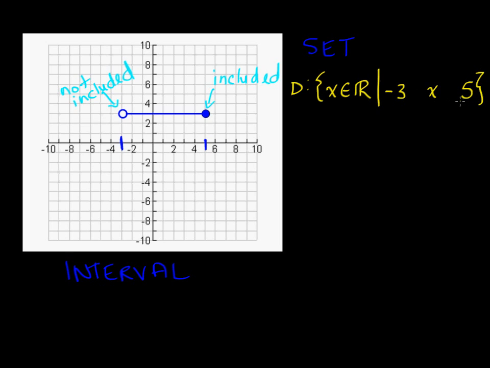We just have to decide what symbols go here. So I want x to be greater than, but not equal to, so I'm not going to put that line on the bottom, -3, and x is going to be less than or equal to +5, so I'm going to include the line there. For the range, in this case, y can actually only be one number.